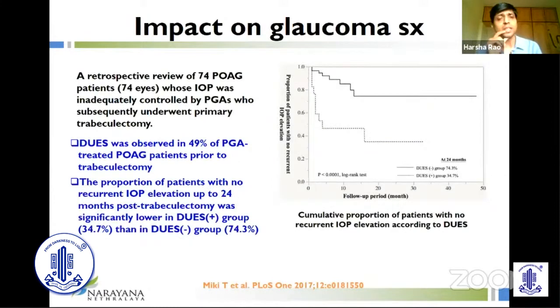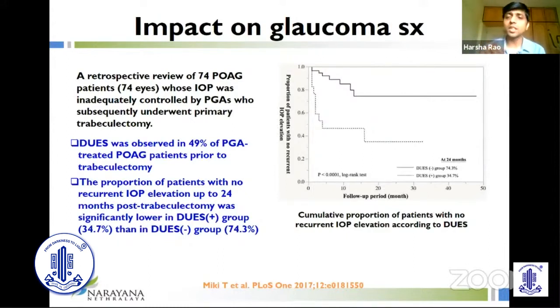Once again, a very recent study showed that the probability of failure, which essentially is defined as the increase in intraocular pressure after the glaucoma surgery, the trabeculectomy here, was much higher in eyes which had PAP before the surgery.